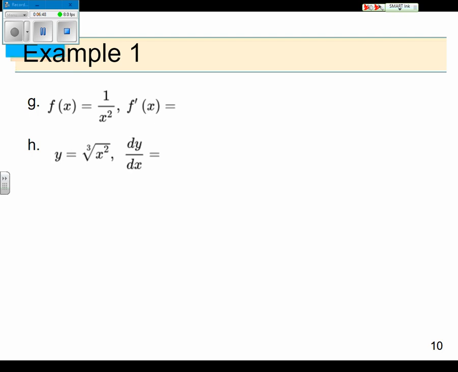Do what? Yeah, same thing, except for it says real. Why are we doing more examples? This is example 1G.